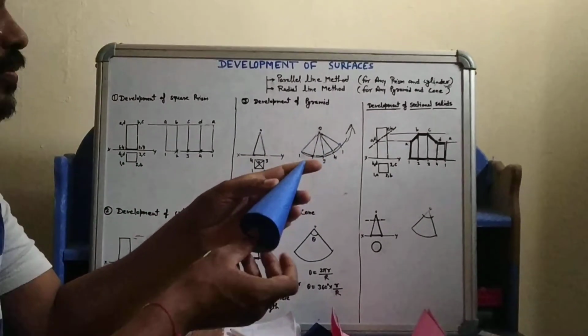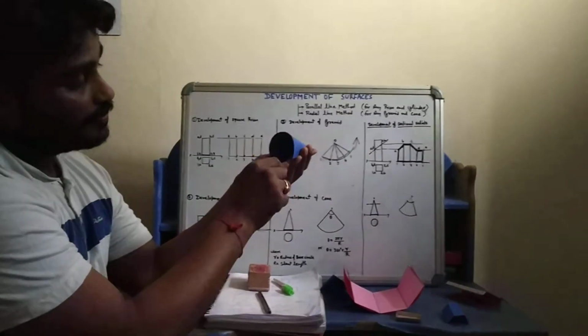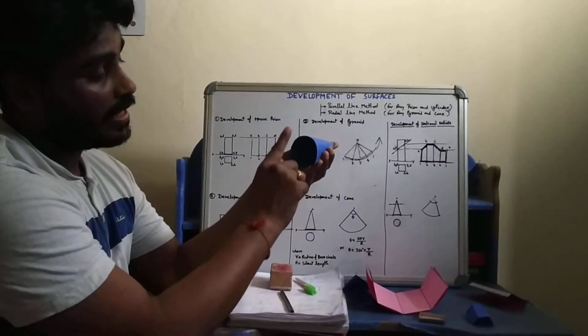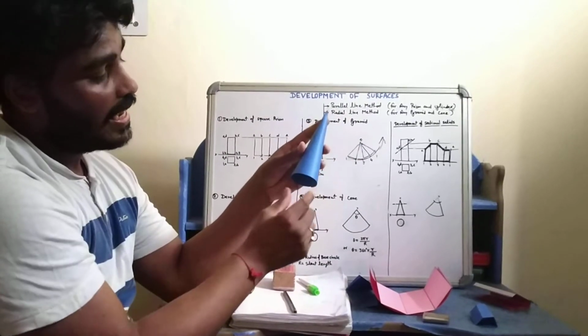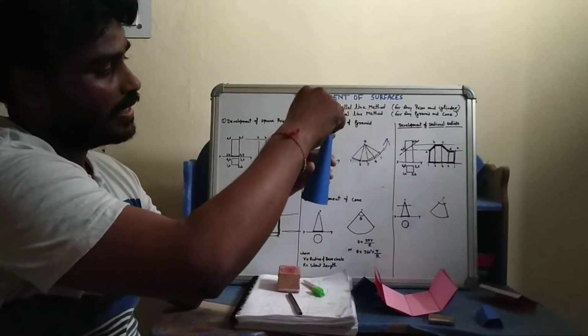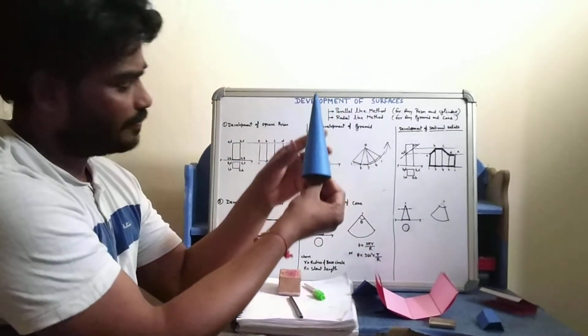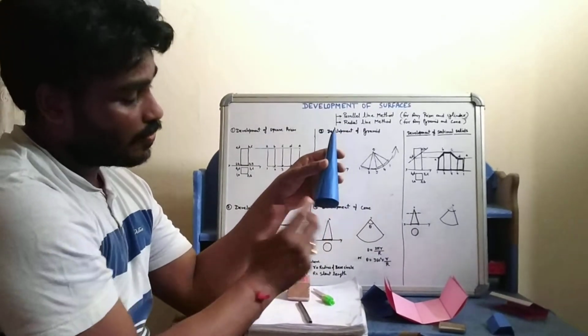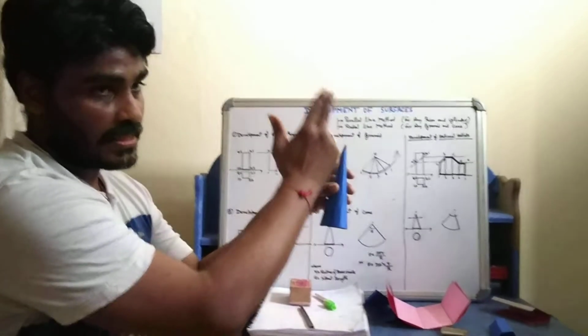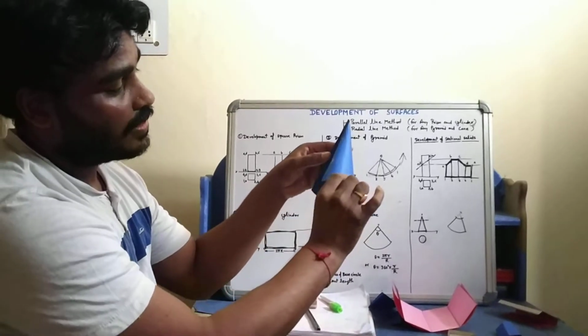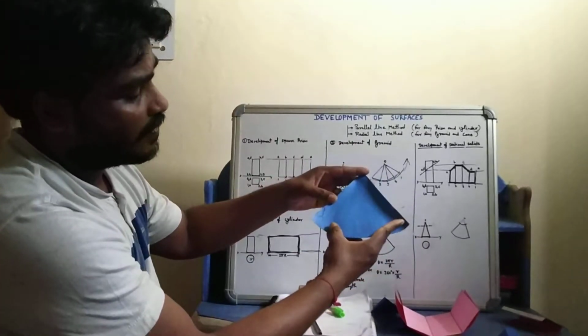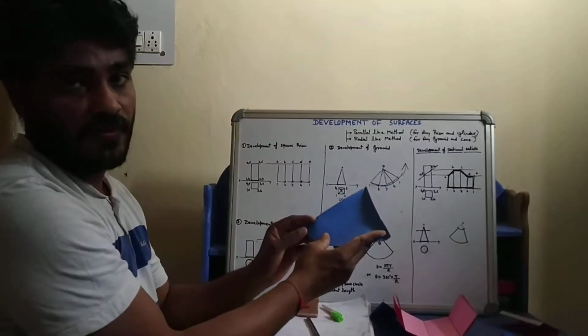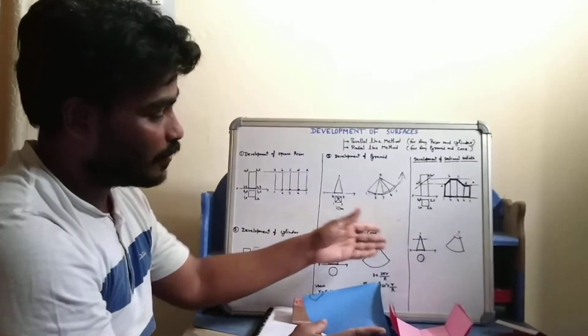Cone means there will be a circular base, and all the sides meet at this point. If we cut this cone from its side and open it up, we will find this type of structure, and this is what we have to draw.